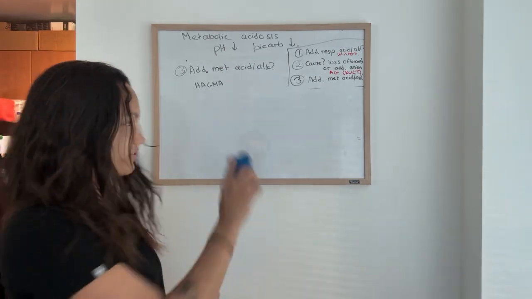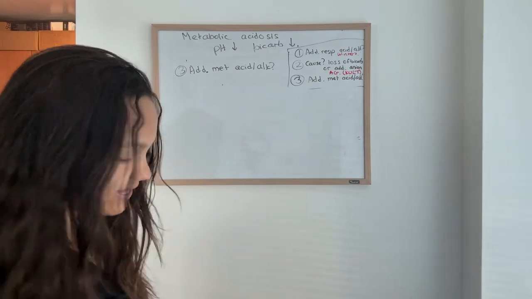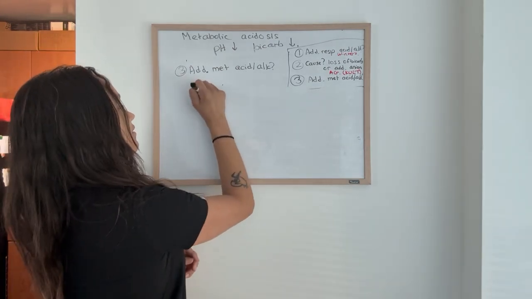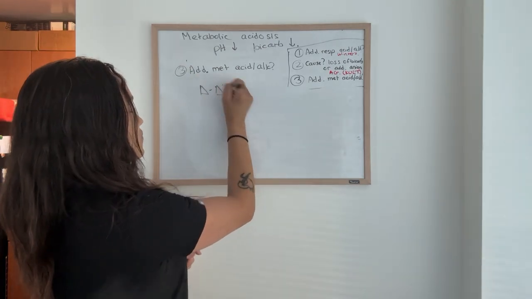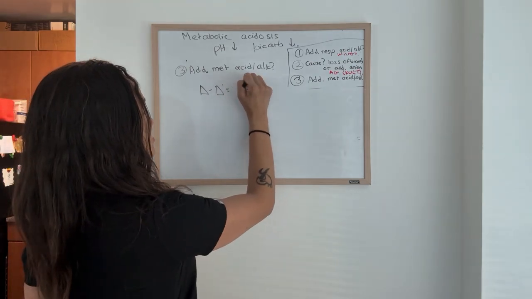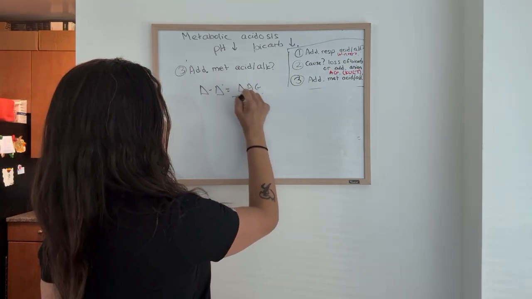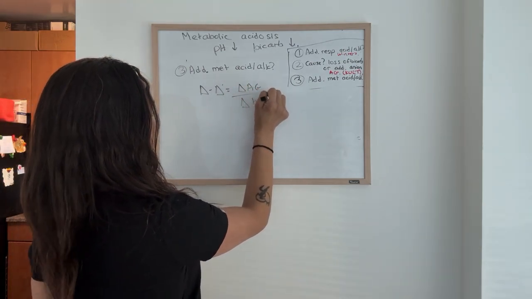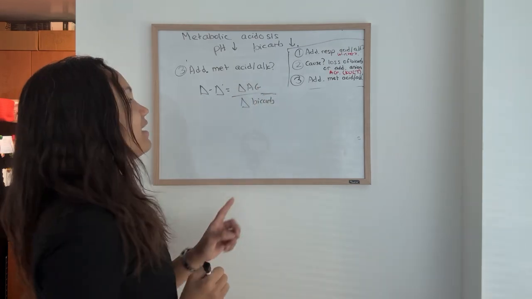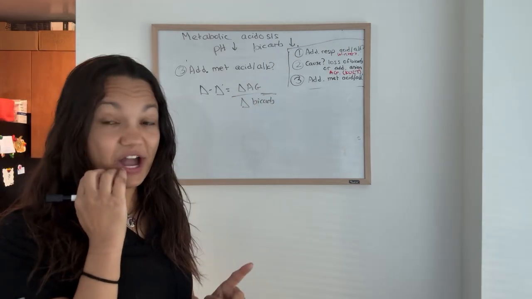This is a delta concept. So what delta is, and I go over this in another video too, is that ratio of your change in anion gap divided by a change in bicarb. This number should be about 1.